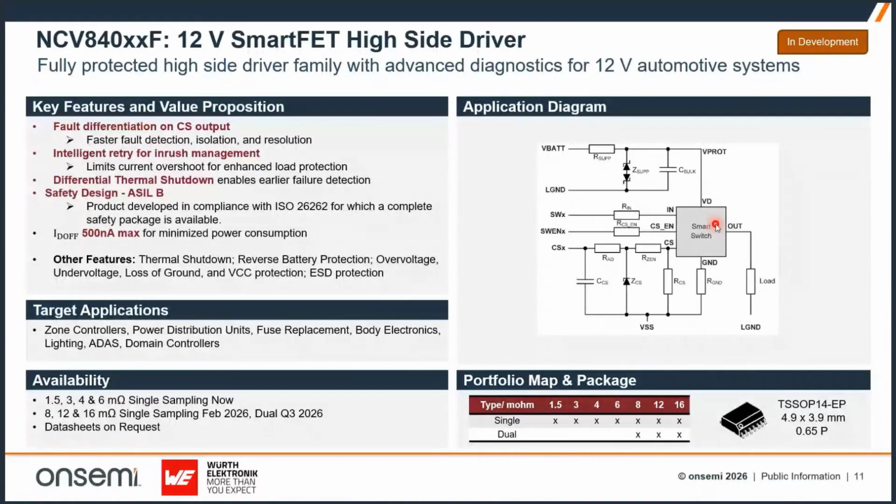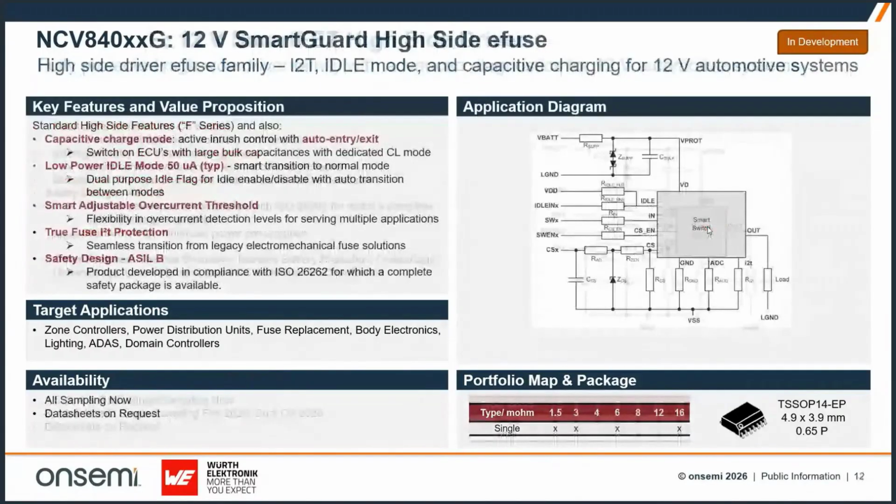Actually, better for the glove compartment would be the one with idle mode. So we have a combination of idle mode, and it also has the harness protection. You don't just need to protect the load, you also need to protect the wiring harness to make sure it doesn't get too hot. This is done with I2T protection, and then there are capacitive charging modes to do that.